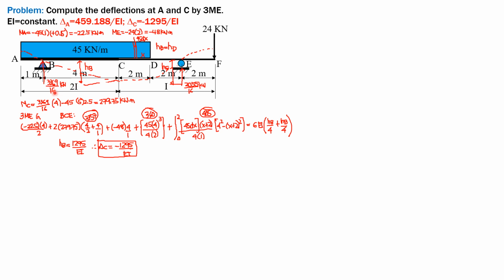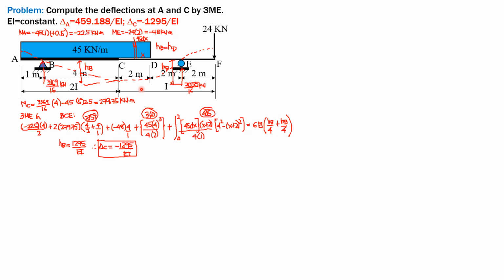So the vertical reaction at B is 3369 over 16 kilonewtons, and the reaction at E is 2055 over 16.